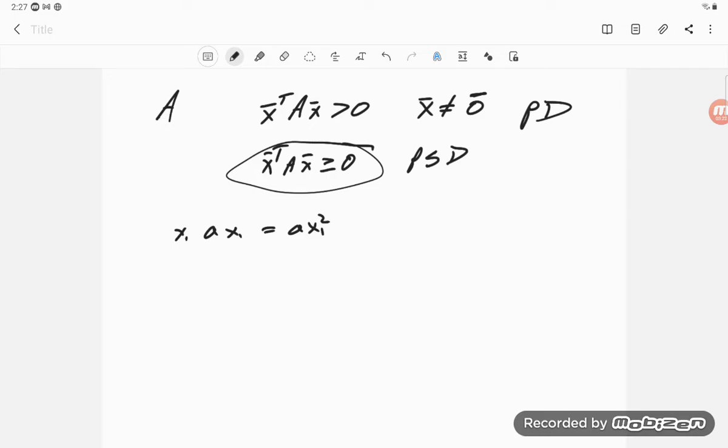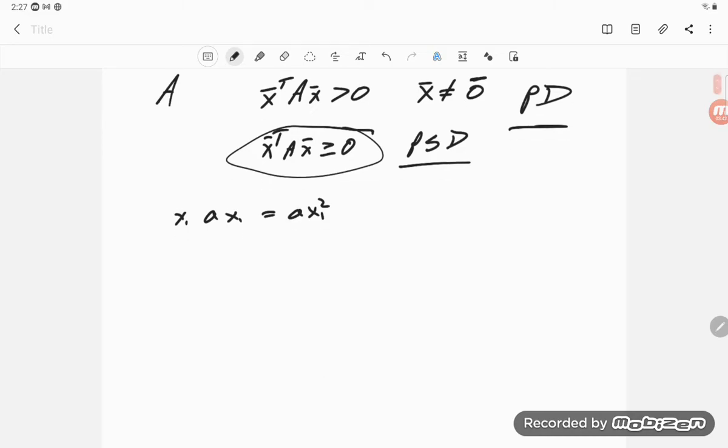Let's see, so yeah, I had to do an if and only if. That was the number 8. And it's only about this quadratic form, as far as the positive definiteness and positive semi-definiteness.